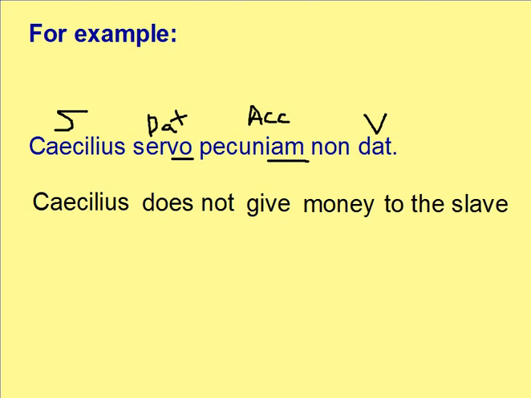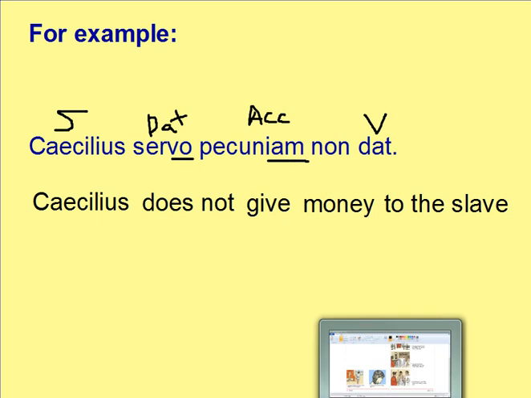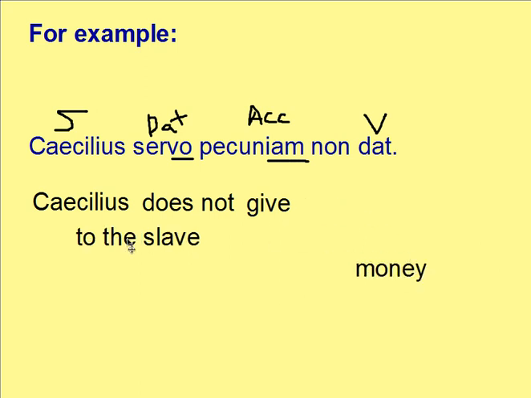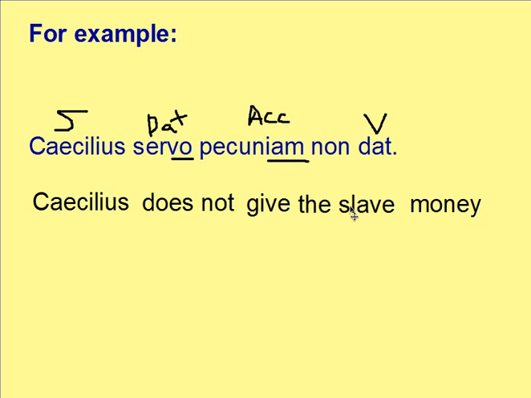I could also translate this rather than saying to the slave. I could say Caecilius does not give the slave money. I've still said the same thing. Caecilius does not give money to the slave, or Caecilius does not give the slave money. Both examples equally correct.